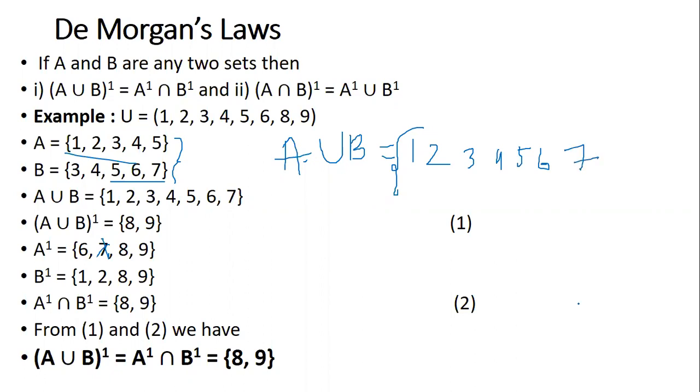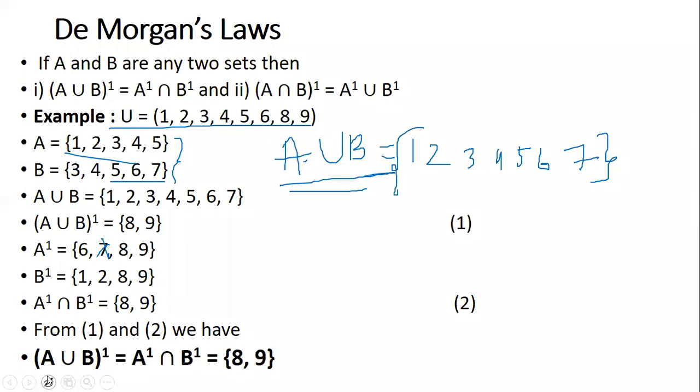Correct? So this is my A union B. Now when it comes to complement, I should always compare A union B with the universal set. Whenever I say calculation of complement, you should always compare that particular set with the universal set.